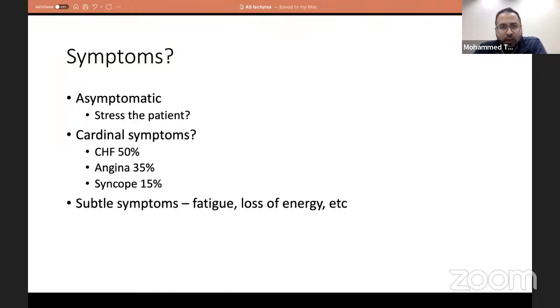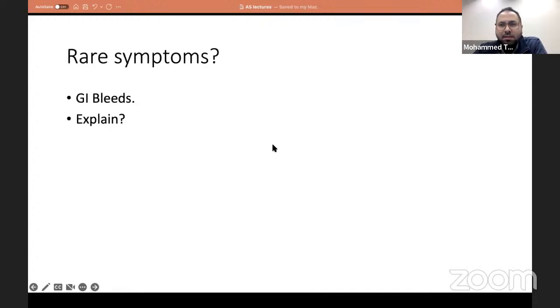Okay, perfect. Subtle symptoms we talked about are fatigability and loss of energy, but there are also very rare symptoms that can present with aortic stenosis. Mohammed? Okay.